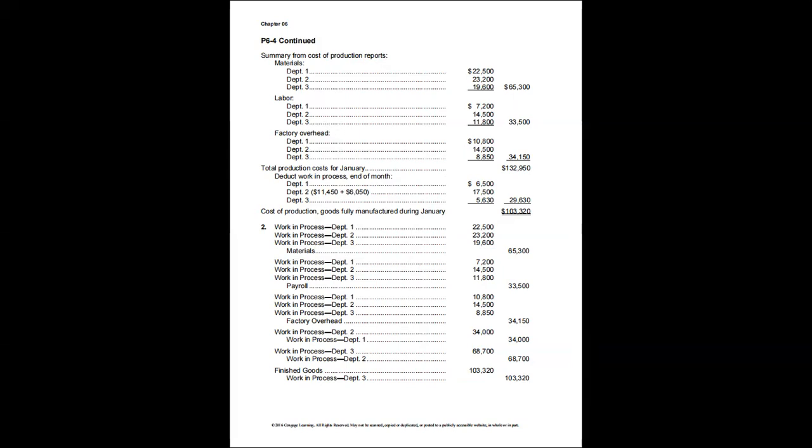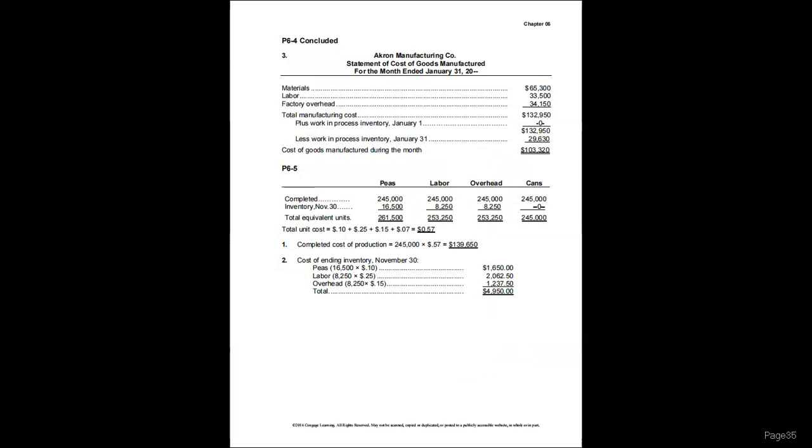So now you have the figures considering all the departments for the month. Now in 6-4, finally, we have the cost of goods manufactured. We have the materials, labor, and factory overhead incurred during the period.